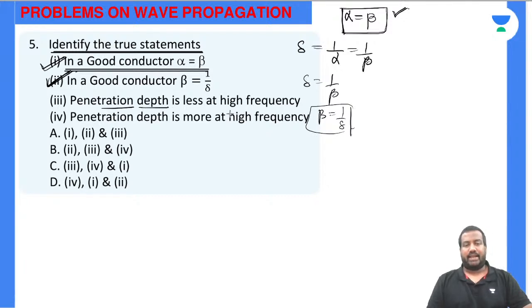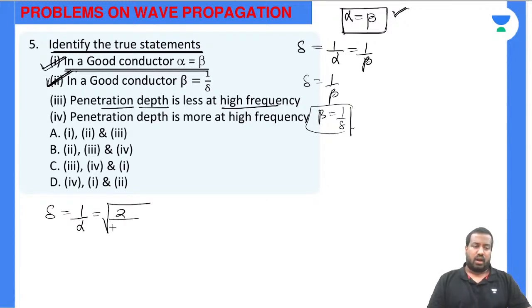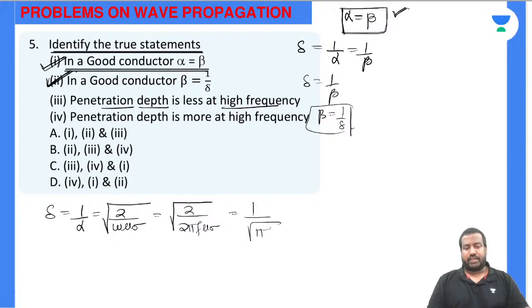Penetration depth is less at high frequencies. Penetration depth delta is 1 by alpha, which is the square root of 2 by omega mu sigma, which is the square root of 2 by 2 pi f mu sigma, that is 1 by the square root of pi f mu sigma. This implies penetration depth delta is proportional to 1 by root f.